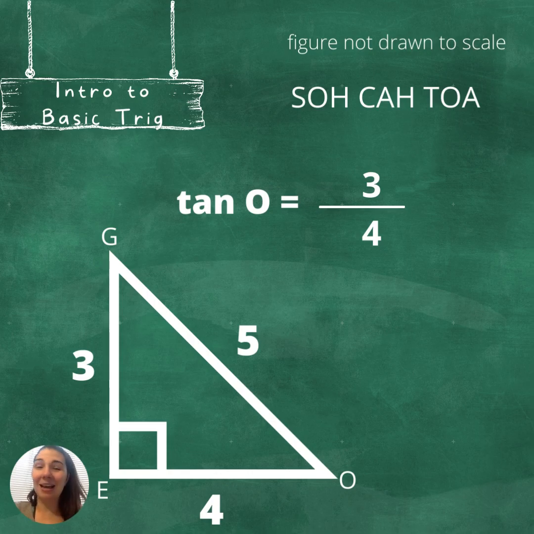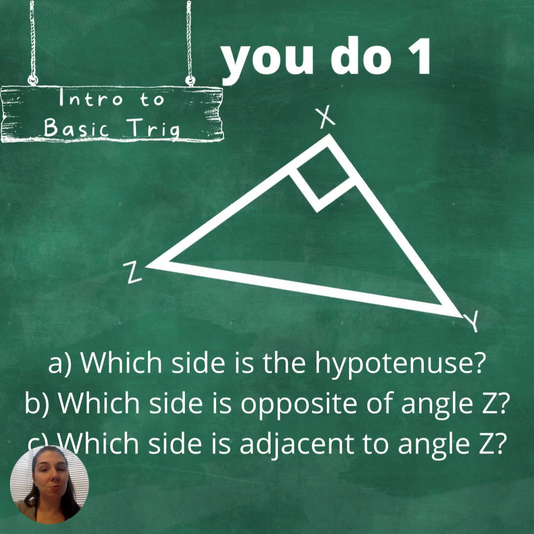Okay. Again, guys, if you have any questions or you need further clarification, this is just an introduction. I have not made a video yet on how to utilize trig to solve for missing things. This is just to help us set up the problems. So here's a you do problem.